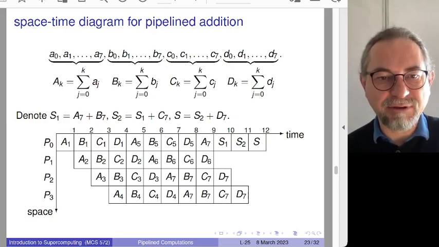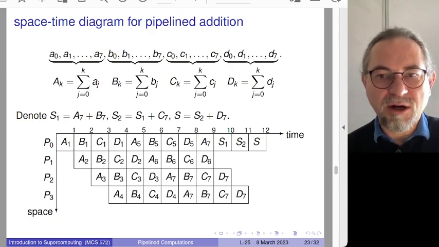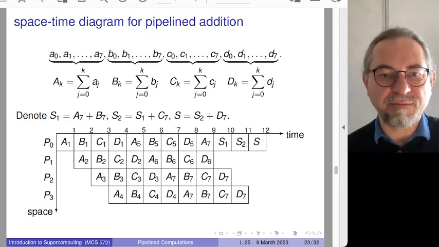So the capital A2 is the sum of the first three A numbers. A3 is then computed by processor 2, while processor 0 and processor 1 are also summing, but on different parts of the total sum, the C partition and the B partition respectively.